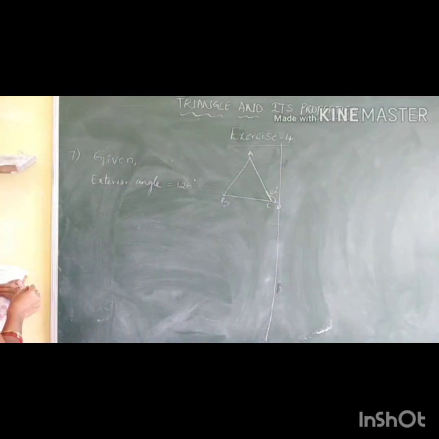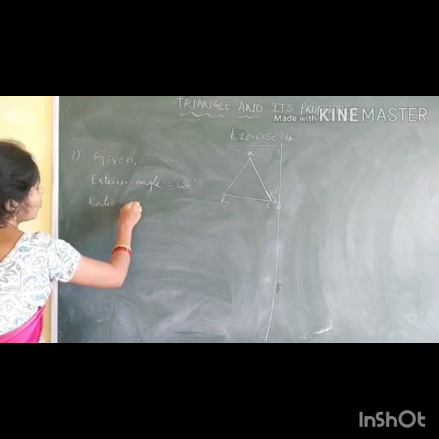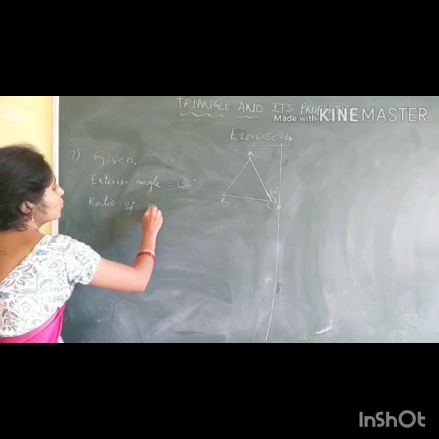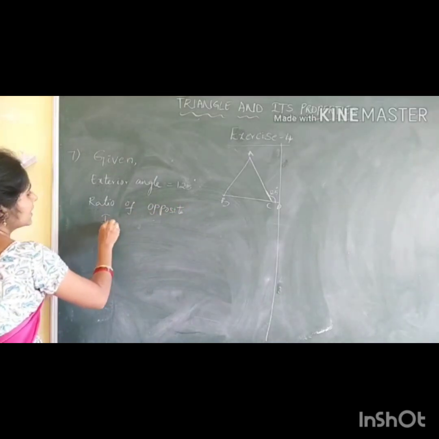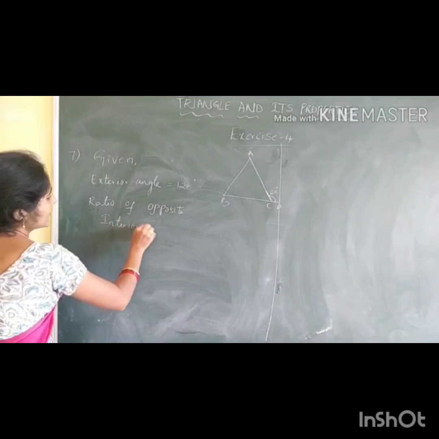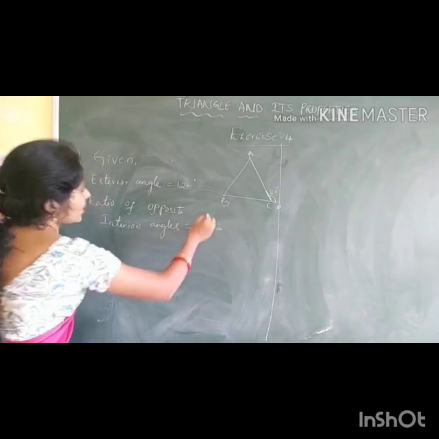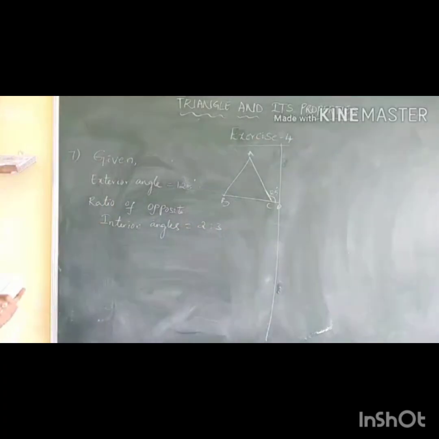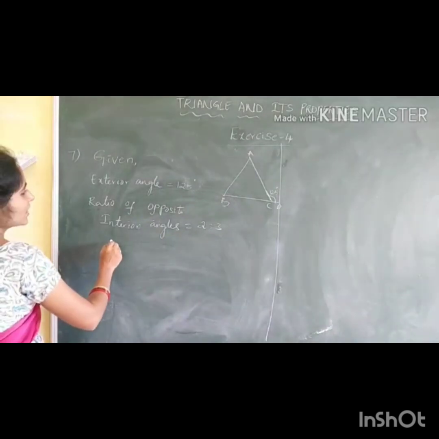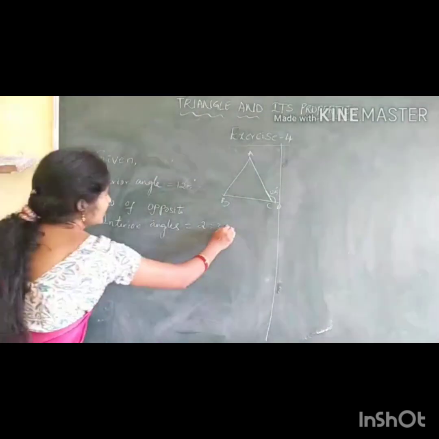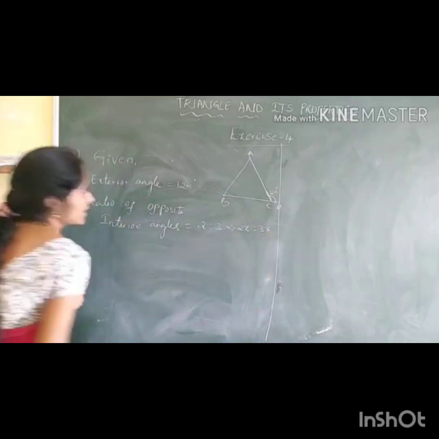And the opposite interior angles are in the ratio 2:3. We don't know the angles, so let the common multiple of this ratio be x.